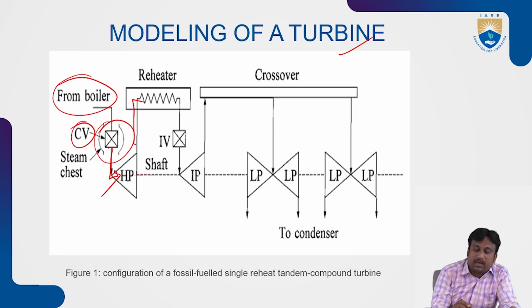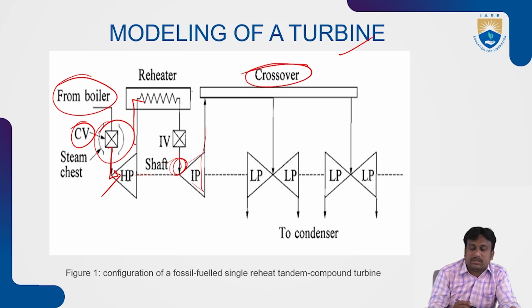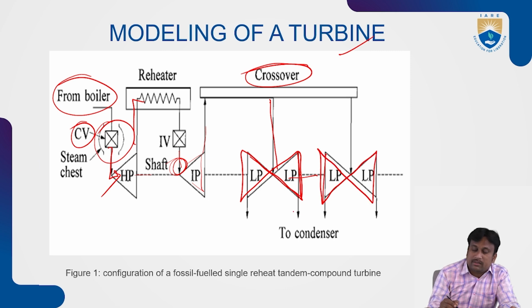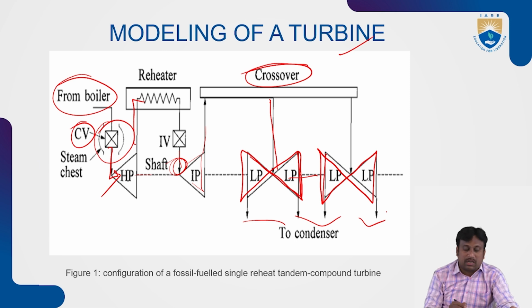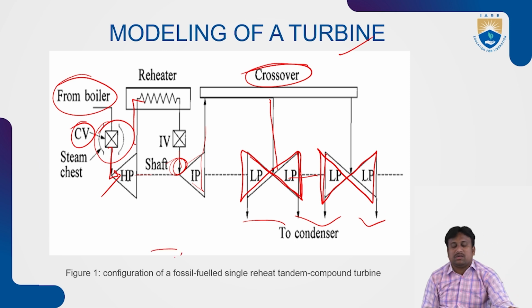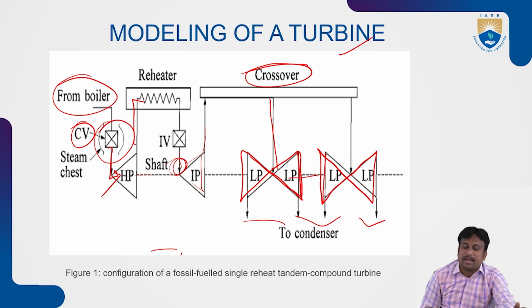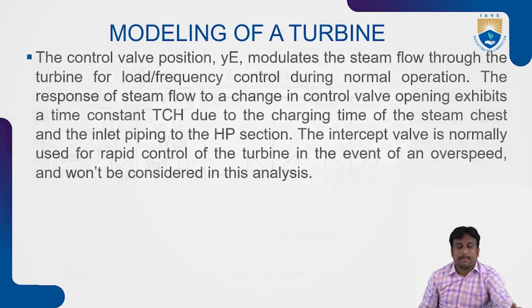The HP and IP sections are tied to the shaft, and the IP block is connected by the crossover section. The LP sections are divided into two cases, connected like this, and these blocks are connected to the condenser sections. So the entire model represents the fossil fueled single reheat tandem compound turbine case.